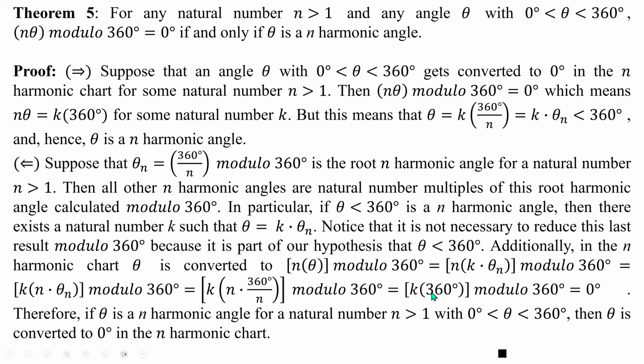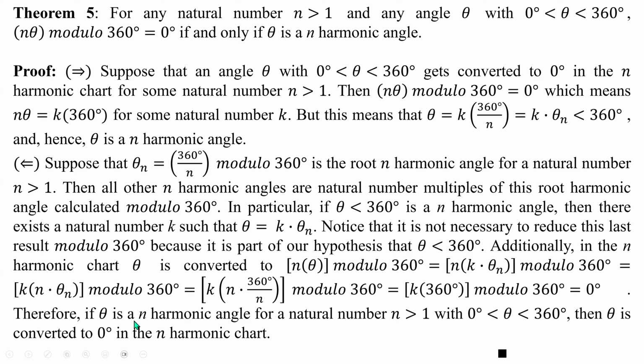And this reduces to k times 360 degrees, modulo 360 degrees. But since k is a natural number, this is going to be a natural number multiple of 360 degrees. And when reduced modulo 360 degrees, that will be equal to 0 degrees because we get a remainder of 0 when we divide this by 360 degrees.